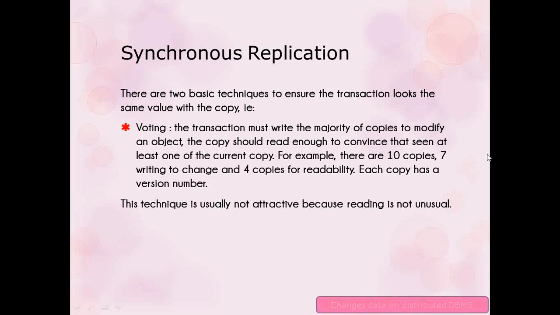For example, with 10 copies, 7 are written to change, and 4 copies are read. Each copy has a version number. This technique is usually not attractive because reading is not cheap.